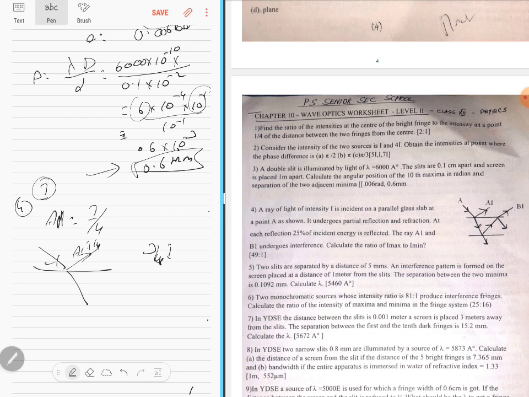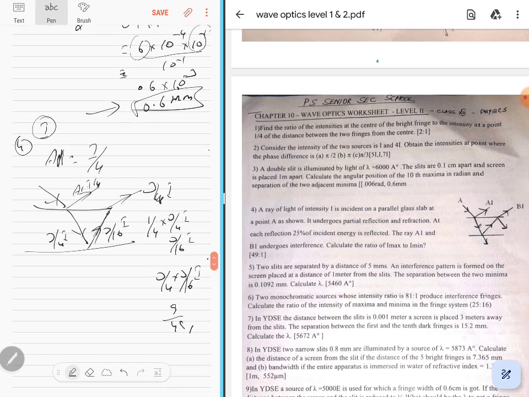Then 3 by 4 of I goes further and undergoes reflection, which is only 1 by 4th of this. So 1 by 4 into 3 by 4 of I will be 3 by 16 of I. So 3 by 16 of I is going to undergo reflection, and then 75% of it will undergo refraction. So 3 by 4 of 3 by 16 into I, which is 9 by 64 I.